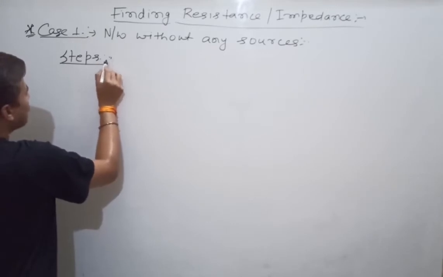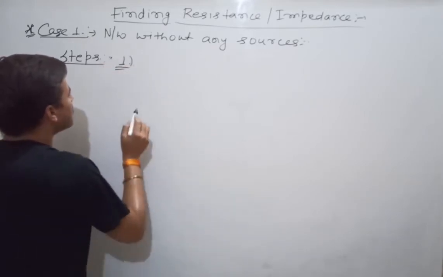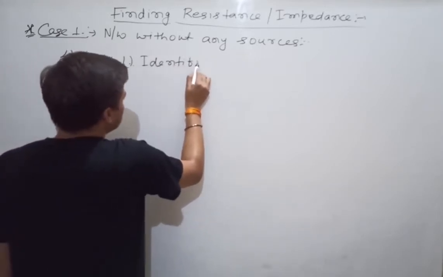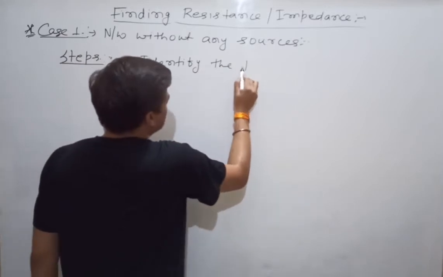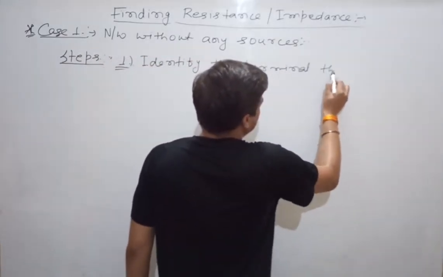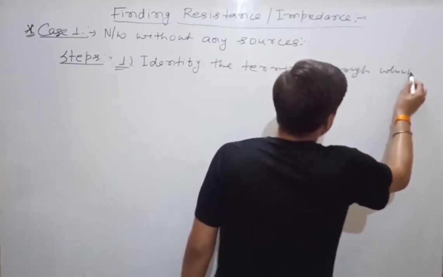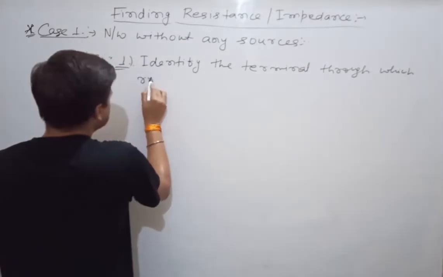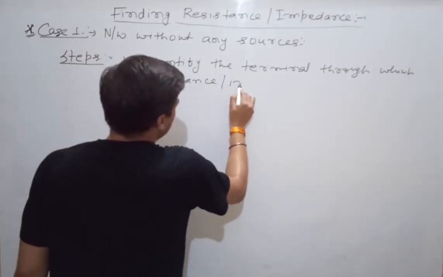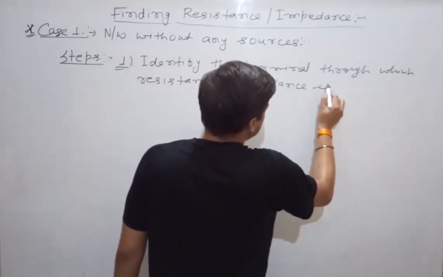So note the step 1: identify the terminal through which resistance or impedance is seen.